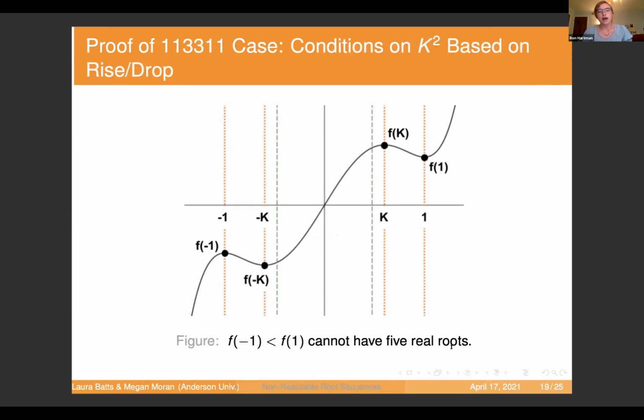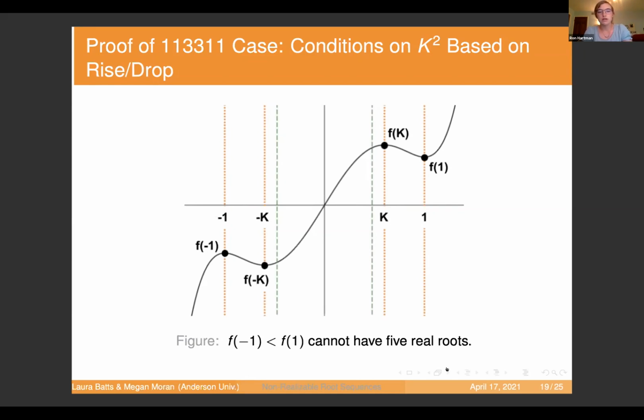In this first graph, we see that we have our f of -1, f of -k, and so on. And in this graph, we have our 1, 1, 3, 3, 1, 1 root sequence, where those yellow lines show the ones and the green lines show the 3. And also notice that f of -1 is less than f of 1, but we don't have 5 real roots in this graph.